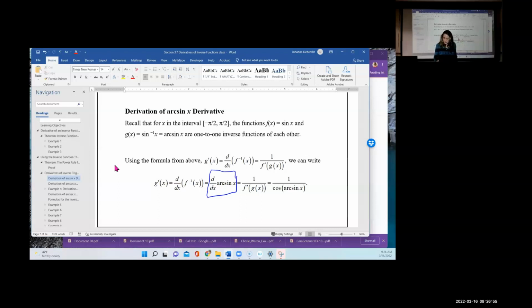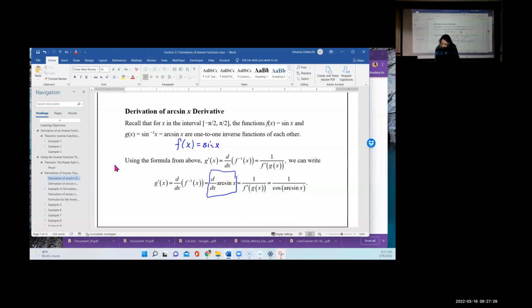Now, we know that the functions sine of x and arcsine of x are the one-to-one inverse functions of each other. They undo each other, right? You feed sine of x an angle, and it gives you back a value. If you feed arcsine the value, it will give you back the angle. So they've swapped the x and y variables. So our original function here, f of x, is sine of x.